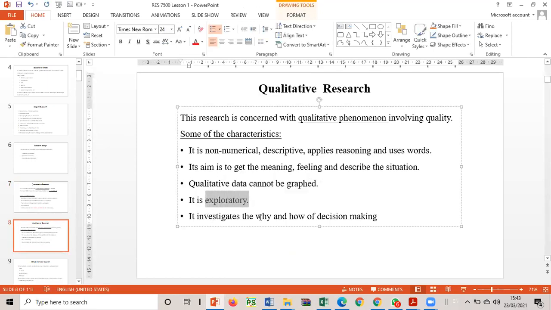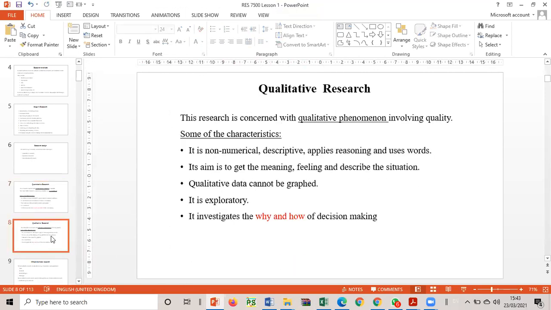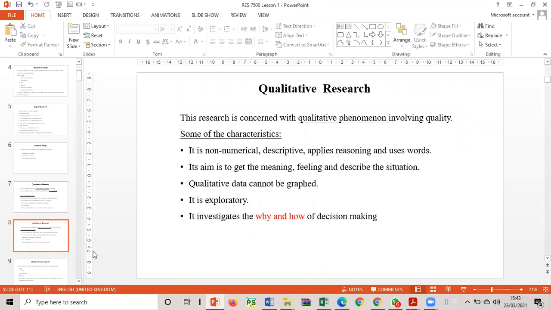It investigates the why and the how. So basically, research involves what, where, when, and also why and how. In qualitative, the main interest is investigating the why and the how.